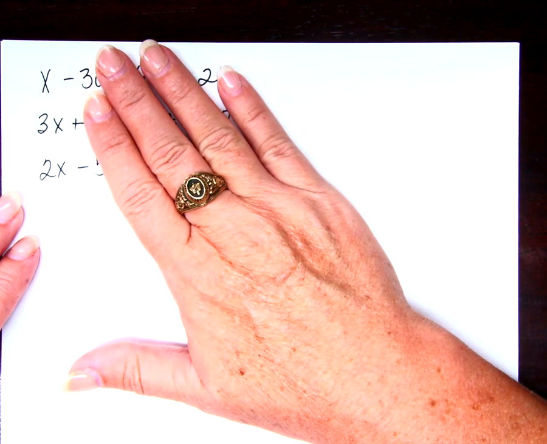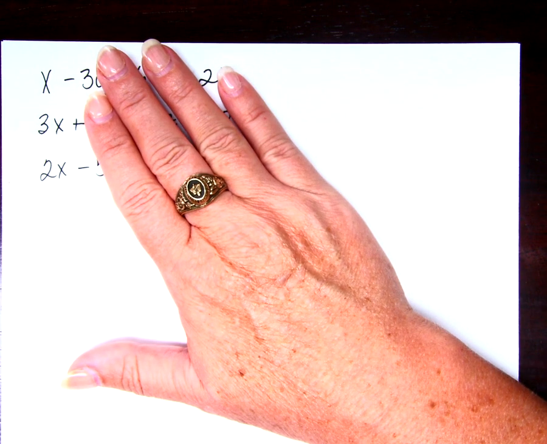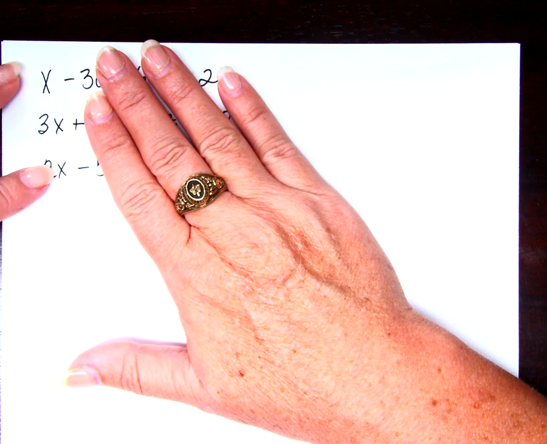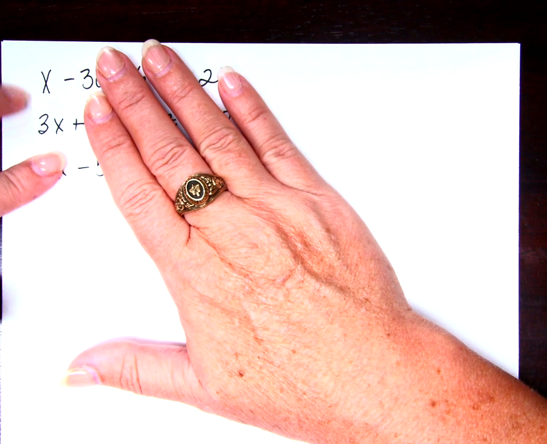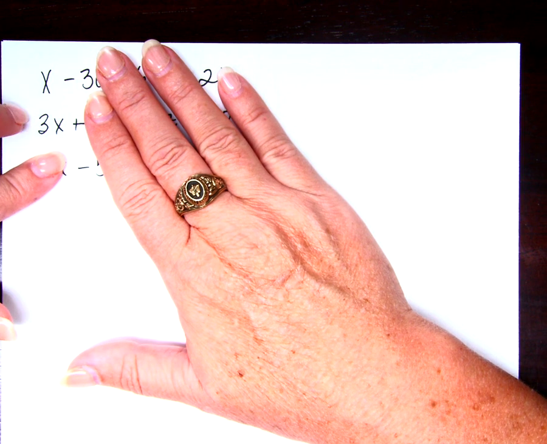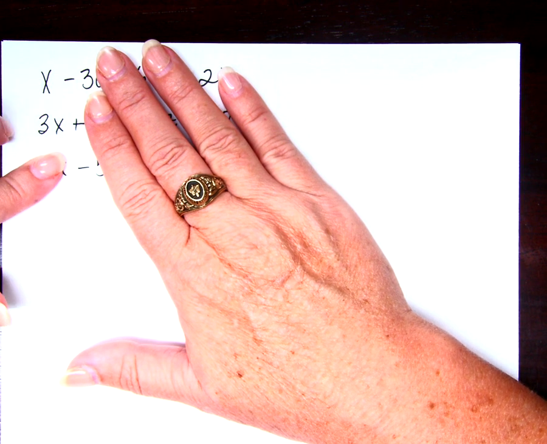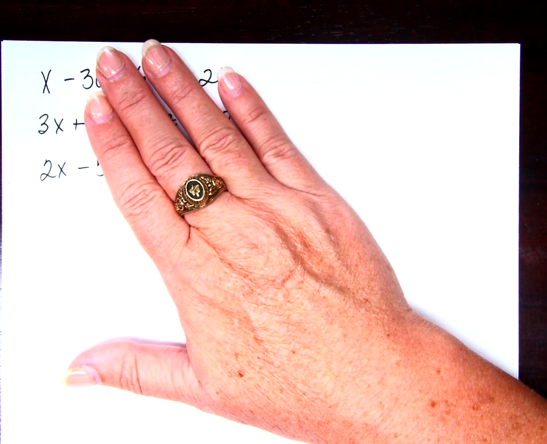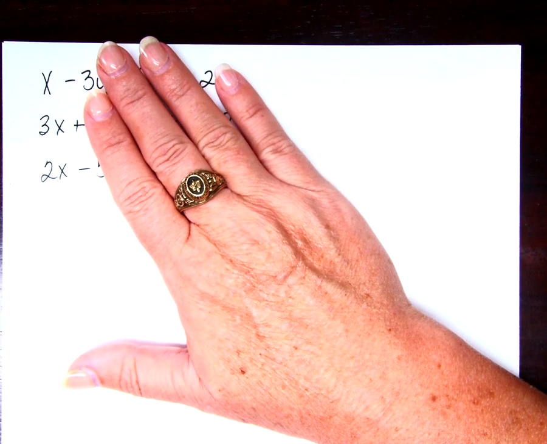So if we're looking at the x's, and I'm telling you right now that we have to eliminate it twice, if I just look at the top two, are those two going to be easy to eliminate? Yeah, because I just have to multiply the top one by -3, right? Because then I'll have a -3 and a +3. So if I have to eliminate again, which two would I use this time?